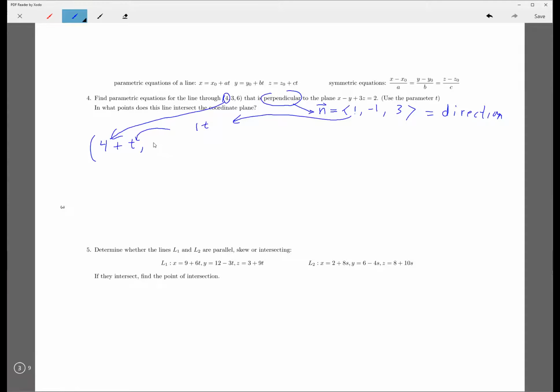It's going to be 3 minus T. Yes, and then the last one? It's going to be 6 plus 3T. Yes, okay, so let's put those in and see if WebAssign says anything.